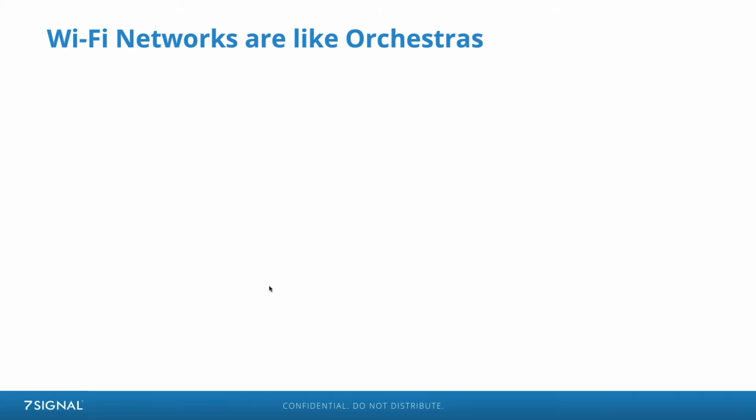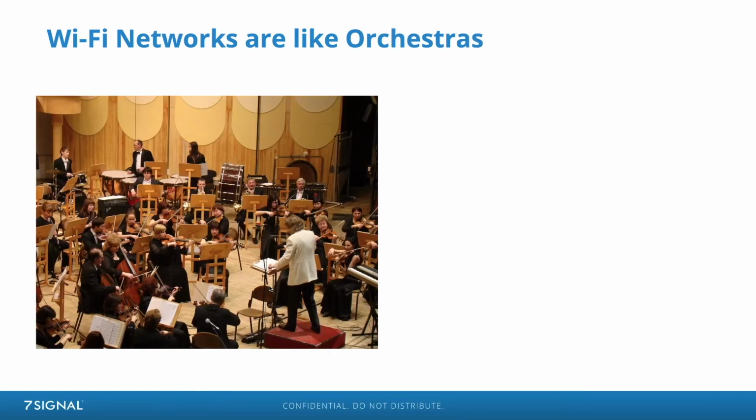I like to think about Wi-Fi networks as behaving a little bit like orchestras. So you can imagine everybody's playing in sync. They're following the beat and reading their music, and it sounds great. But what if just one of these violin players was playing out of tune? Their violin was out of tune, or maybe they just played the wrong notes.